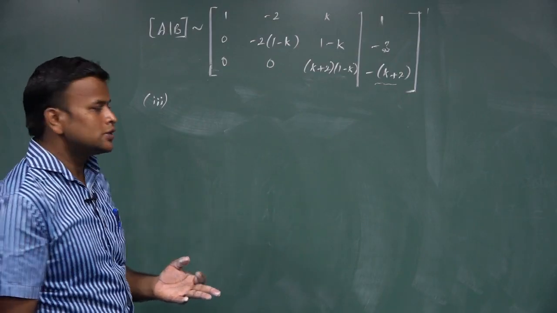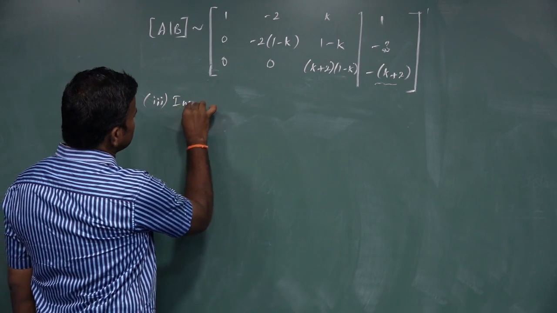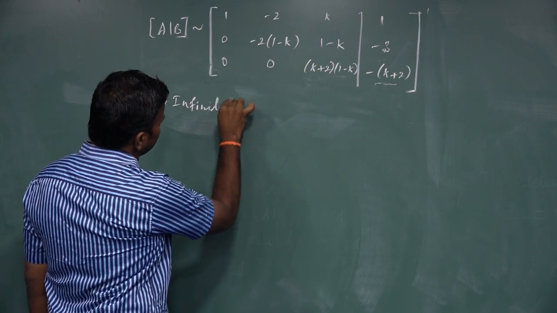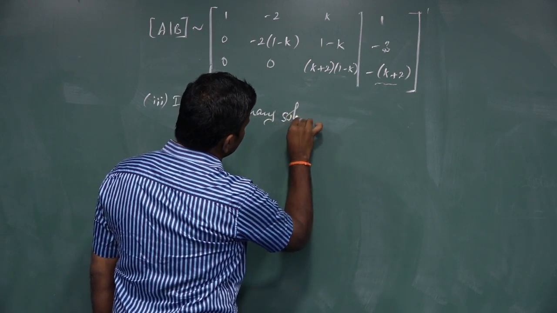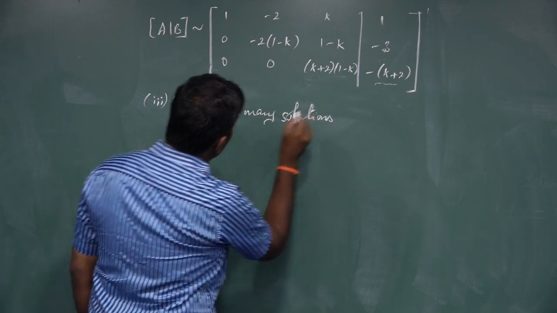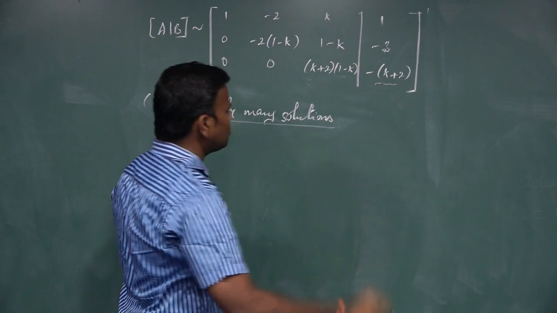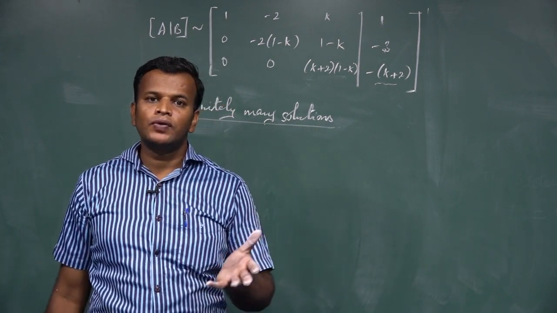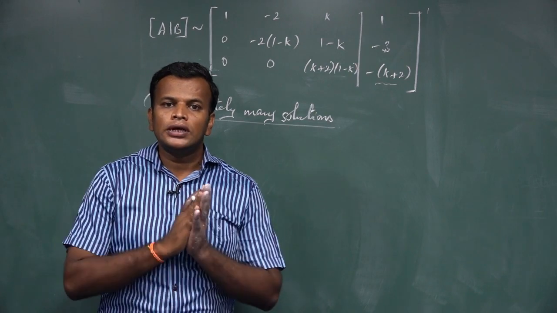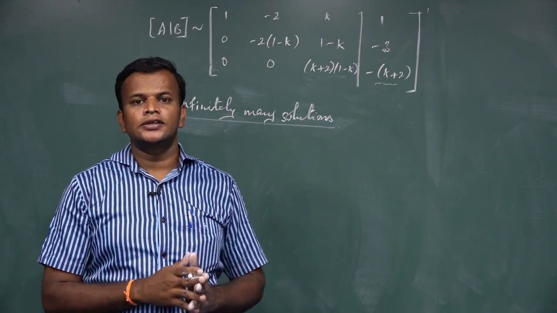The third one is infinitely many solutions. When the system has infinitely many solutions, in the rank method, both the ranks should be less than 3.